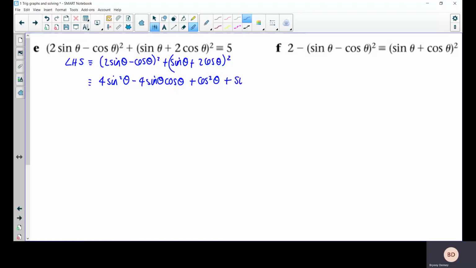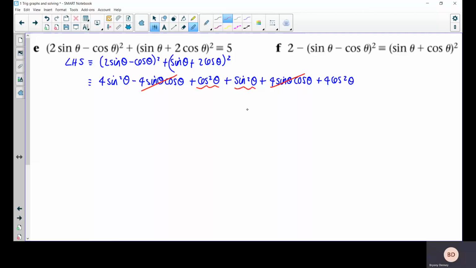Next, I'm going to have sine squared theta plus 4 sine theta cos theta plus 4 cos squared theta. So I've expanded both brackets now. Let's see what I've got. Well, these two terms will cancel, got a positive and a negative version of the same term.